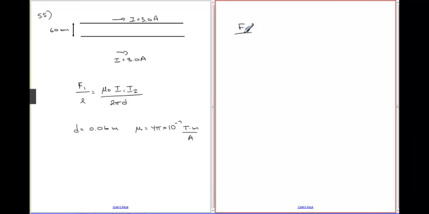So the force per unit length will be the same because the wires are carrying the same current. The forces are going to be the same. And actually, I was going to say that, does that really make any difference? No, actually it doesn't. So they don't have to be the same current.